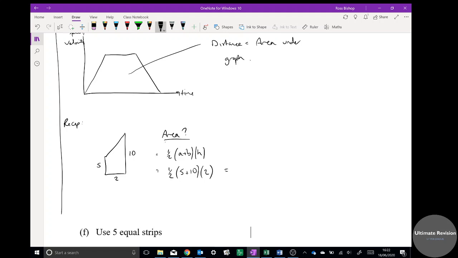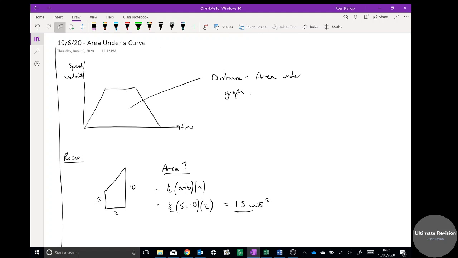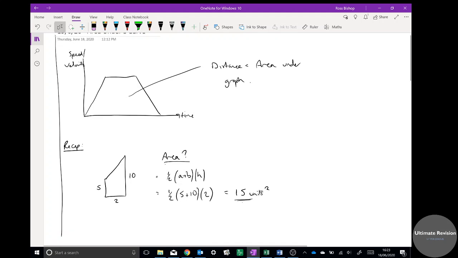And if you work that out, 2 times a half is 1, so you should get 15 there. So the area is 15 units squared. So the area of a trapezium is the two parallel sides added up, times the distance between them, divided by 2. We're going to use both of those bits of knowledge to work out an estimate for the area under the graph.